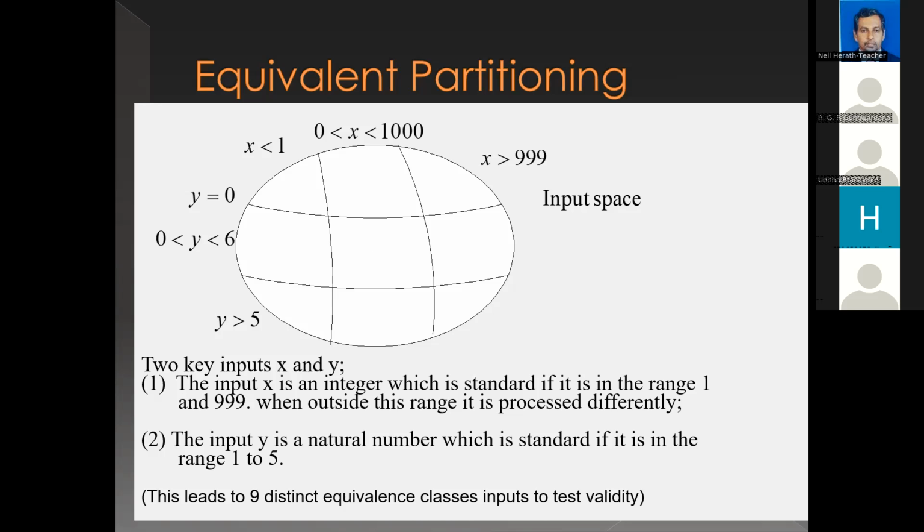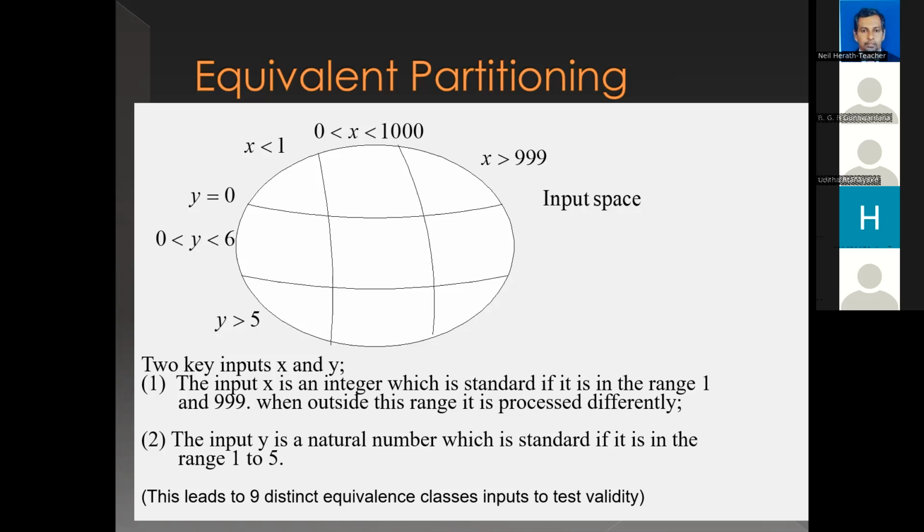So this is what we call equivalent partitioning, and there are 9 test cases that you need to use if you are going to check whether the range is okay for two variables. We will not go further into equivalent partitioning.